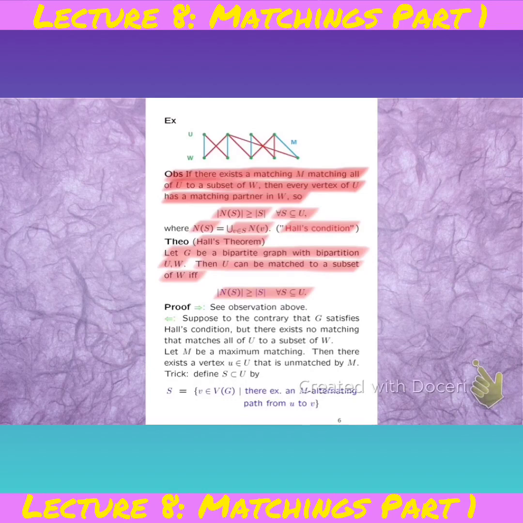Now, to prove from left to right, we look at the above observation: if we can match U to a subset of W, then obviously Hall's condition is going to be satisfied by the explanation that I've given.